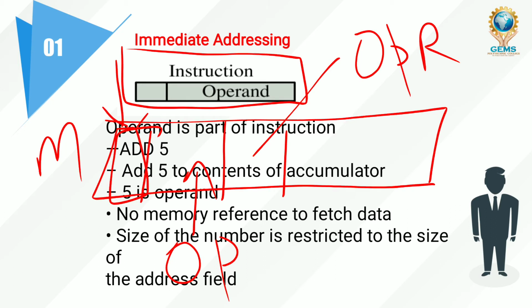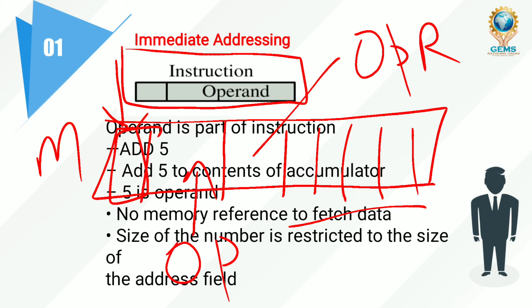And last, some more extra part is there. Nearly 7 bits would be there, and this part we call the address field, or mode field.